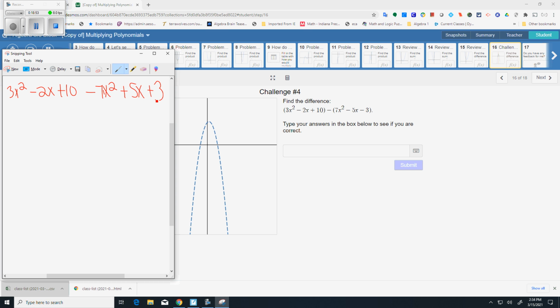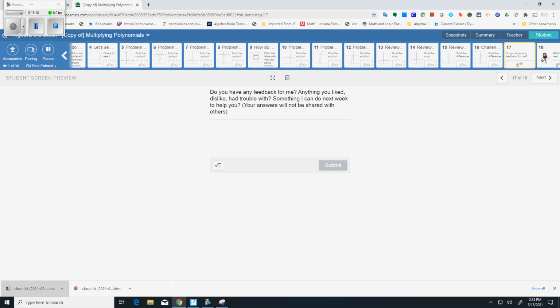And then we can combine all terms, and we would get negative 4x squared. Negative 2x plus 5x, we get plus 3x, and then 10 plus 3, we would get plus 13. And that's our final answer for this set of notes.